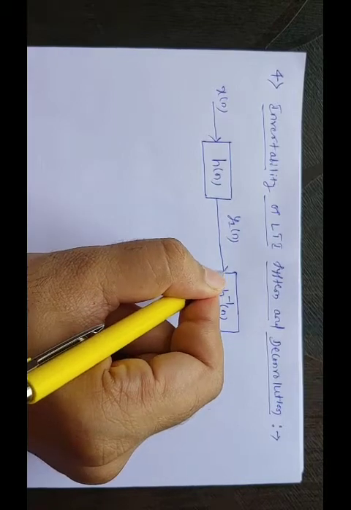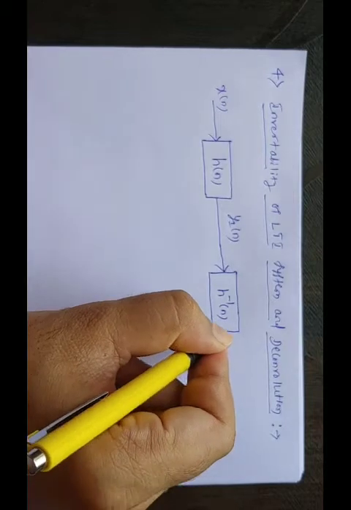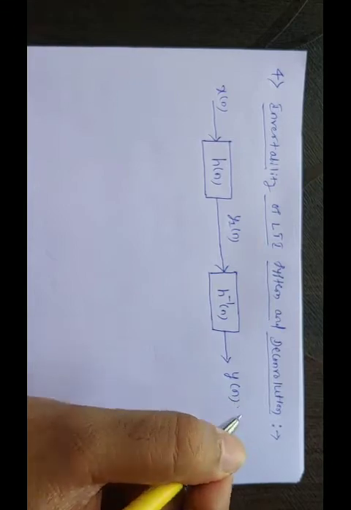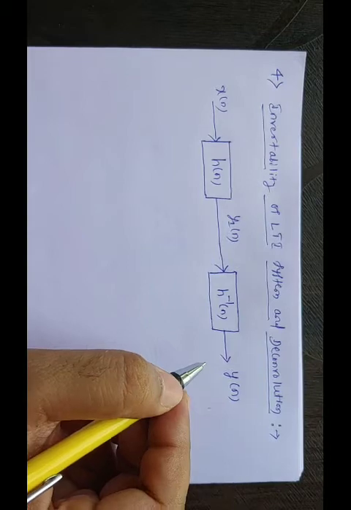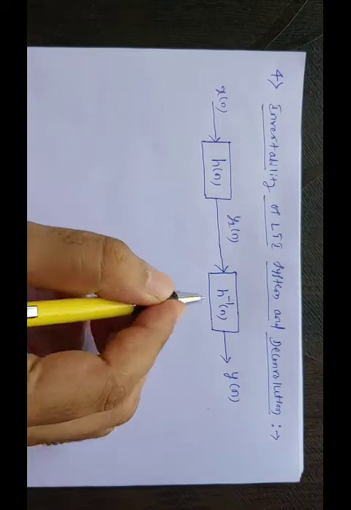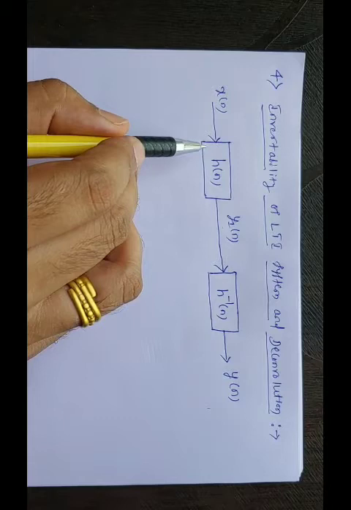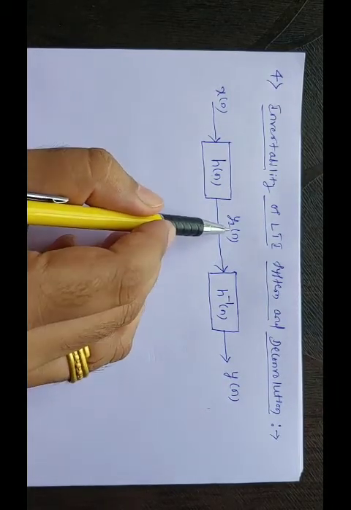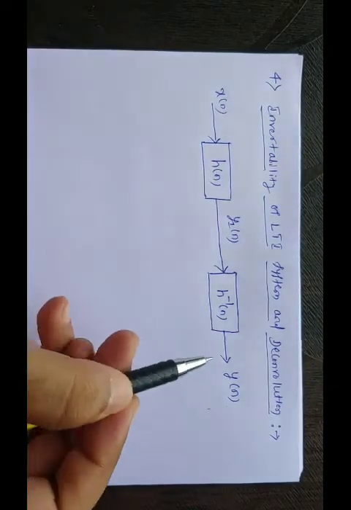I am feeding this y1 of n to this inverse system, and if it gives back the original signal y of n, that means I should get y of n equal to x of n, then I will say that the system is invertible. Now, in this invertibility of an LTI system, y1 of n is nothing but the convolution x of n star h of n.